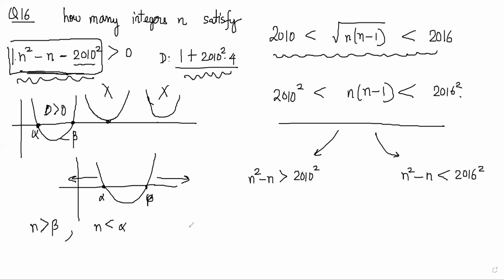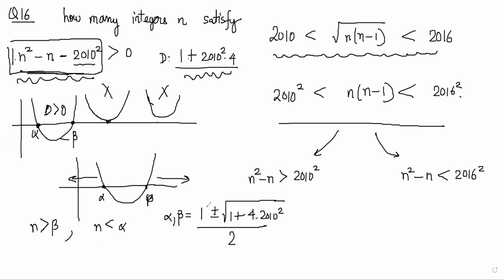So let's find the roots now. Alpha beta will be minus of b, so 1 plus minus root over b square minus 4ac is this only. So 1 plus root over 1 plus 4 times 2010 square, by 2, right? So now we get 2 conditions basically.